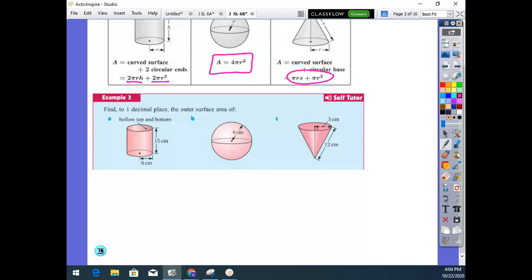All right, so let's start with the cylinder. So 2 pi, r is 6, h is 15, plus 2 pi r squared. And you just literally plug all that into your calculator. Oh, timeout.